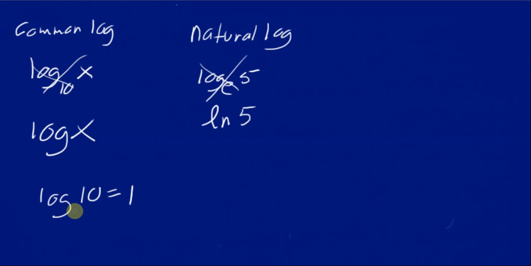Now that makes perfect sense because remember, down here is our base, this is the exponent, and that's the number. So base to the exponent 1 is supposed to equal 10. So that's exactly what we got going on here.